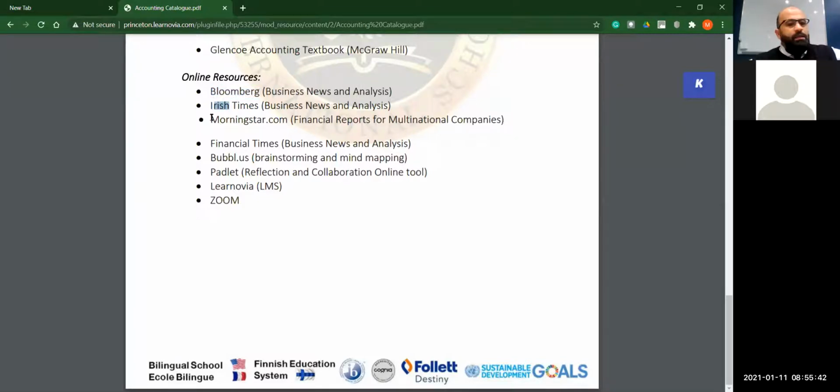Irish Times, Morningstar.com, where we're going to find a number of financial reports for multinational companies, for big companies. So we're going to use this website to search for the financial reports for a number of companies, including Microsoft, Pfizer, and other companies, which are multinational companies.